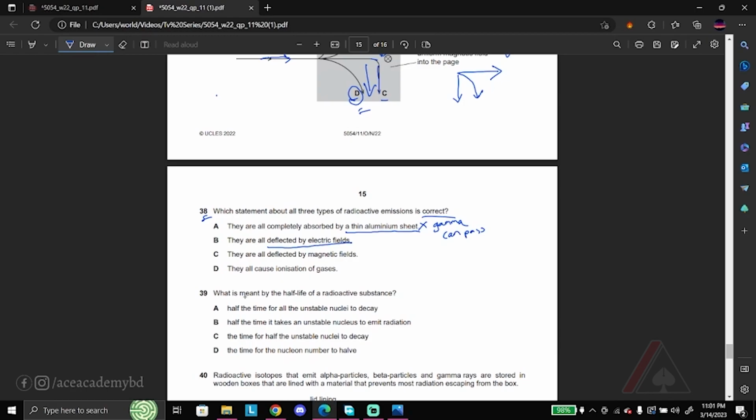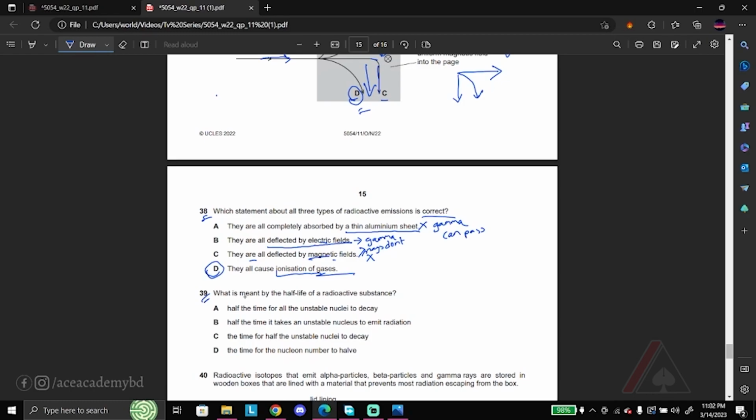Only charged particles can be deflected by electric and magnetic fields, and gamma is an electromagnetic wave, so gamma rays don't get deflected. The last option says they all cause the ionization of gases. Now, ionization basically means they react with the gases and there's a transfer of electrons, which is true for all kinds of radiation. So this is the answer.